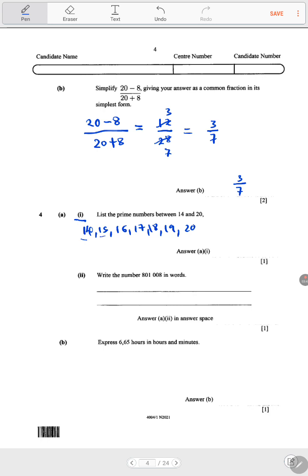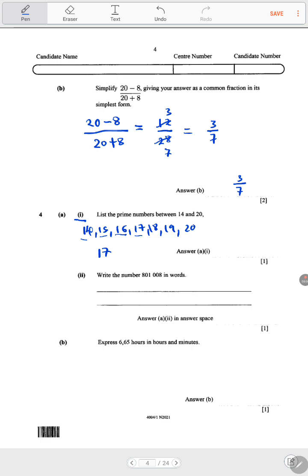15, you have more than 2 as well. 3 is a factor, 5 is a factor, 15 is a factor. And 16, you have got 4 is a factor, 2 is a factor, 8 is a factor. So it's not. And then you look at 17. 17 is an example of a prime number because it only has 2 factors, which is 1 and 17.